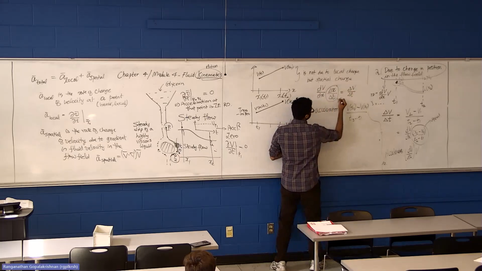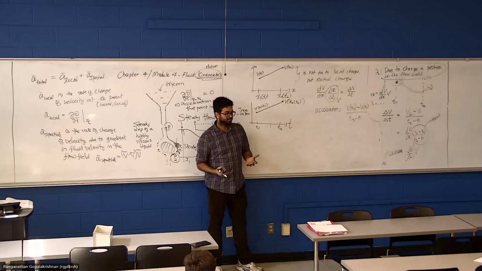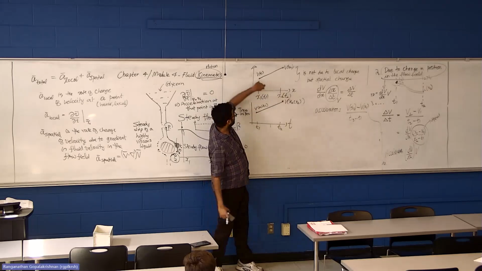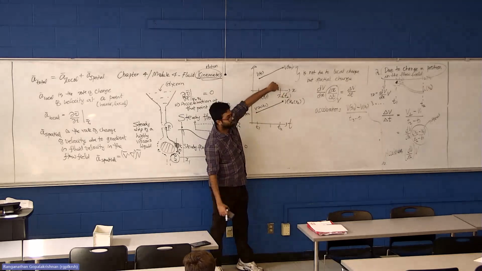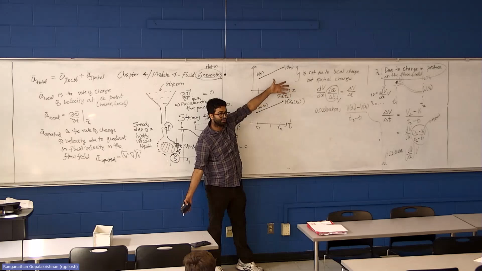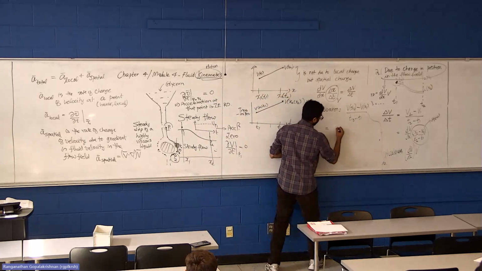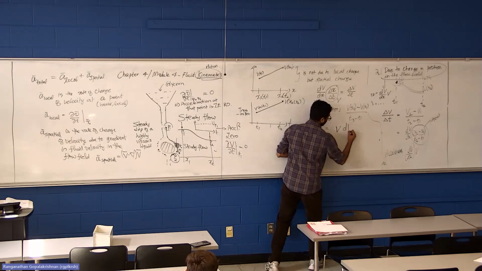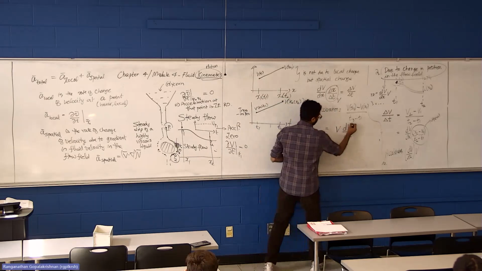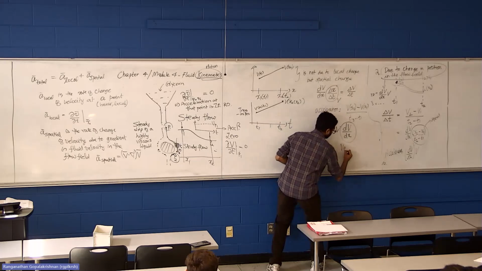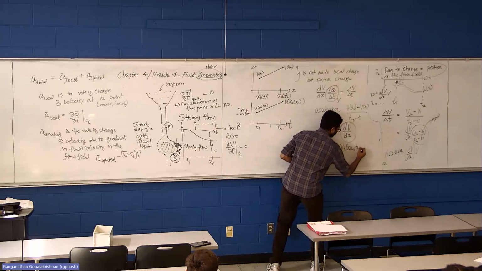this is nothing but v. The rate at which you move from x1 to x2 is nothing but your speed, the fluid speed. So the acceleration is velocity multiplied by the rate at which velocity changes in space, and we have a term for it. This is called velocity gradient.